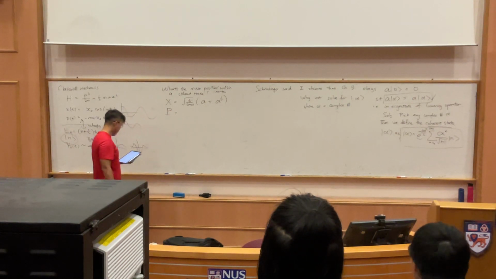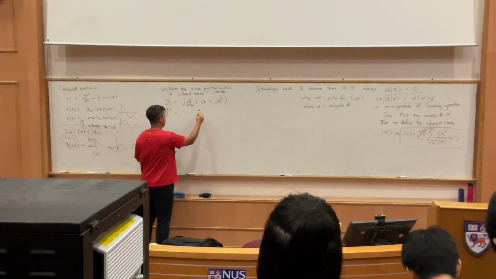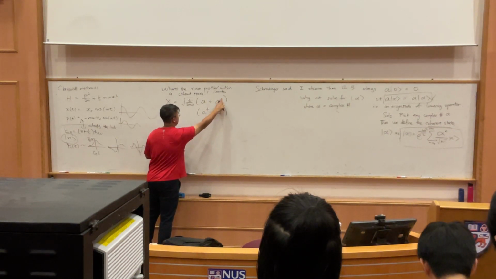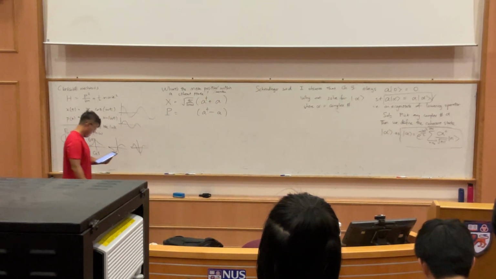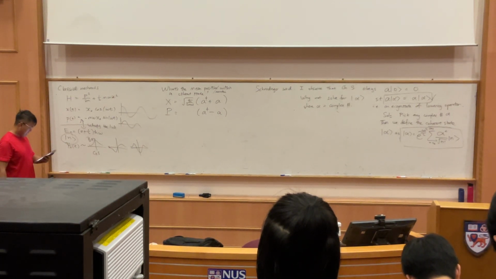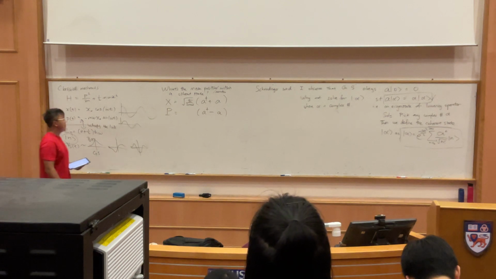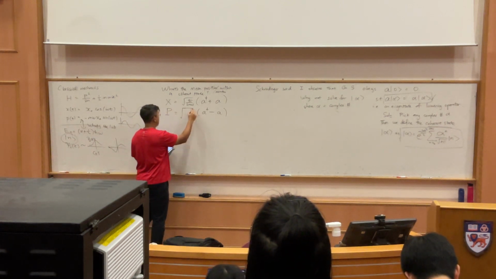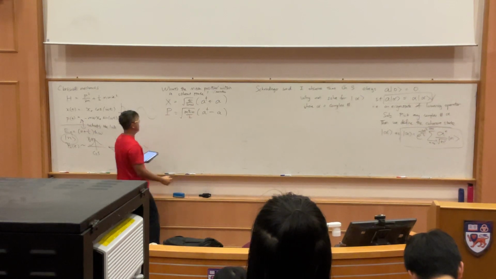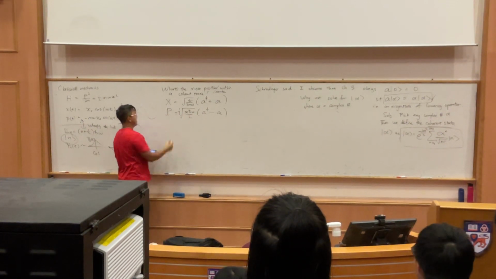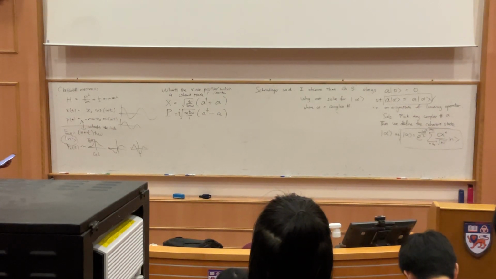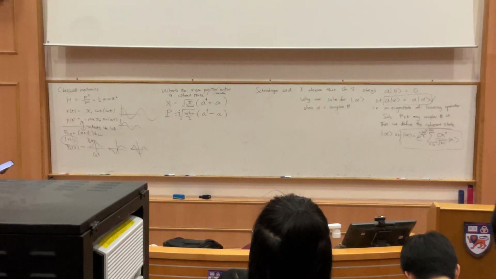P is equal to A dagger minus A, times square root of m h bar omega over 2, divided by i. Right? Hopefully I didn't make any mistake here.